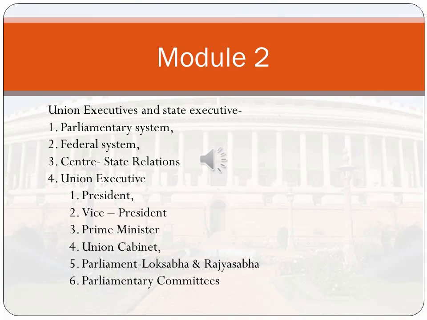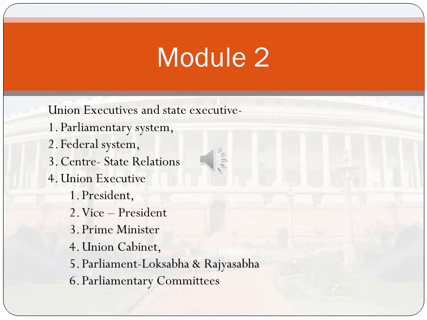This module covers the parliamentary system of the Government of India, the federal system. What do we mean by parliamentary system and federal system? How the state and center relationships are defined and how the power sharing between the state and center takes place.